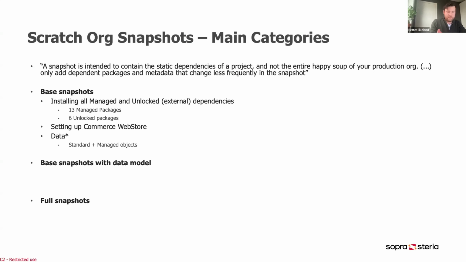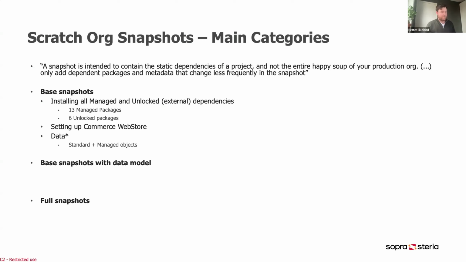What that means is, just as I showed you earlier on the previous slide, it would be the managed and unlocked dependencies. For our project, that is 13 managed packages and 6 unlocked packages. And of course, setting up a commerce web store and then creating data. And those are for the standard and managed objects.